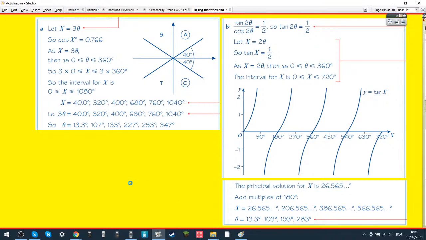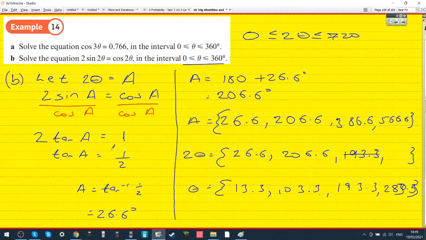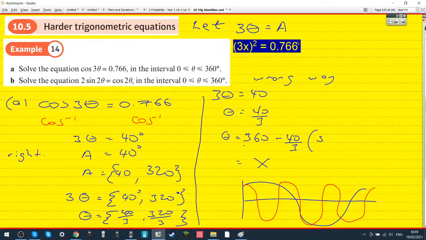And so the reason why this question feels so boring is because it's so similar to what we've done before. All you do is change 2 theta, 3 theta, anything theta to A, solve it exactly the same way, and then do the little bit at the end. And I forgot actually, even with the previous one.